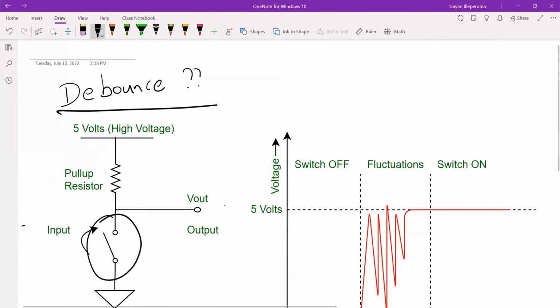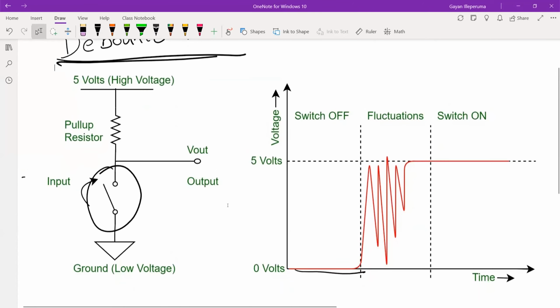So this is the one that I wanted you to explain. This will explain what the debounce is.